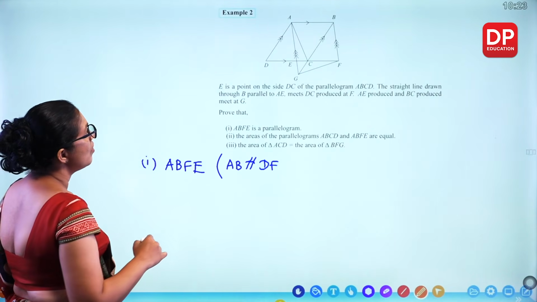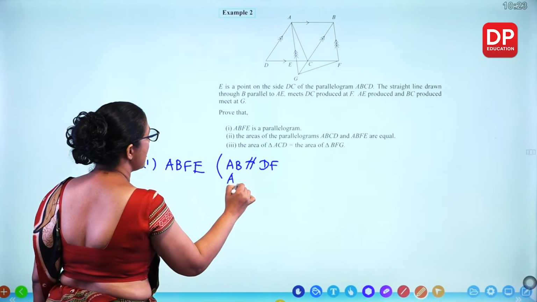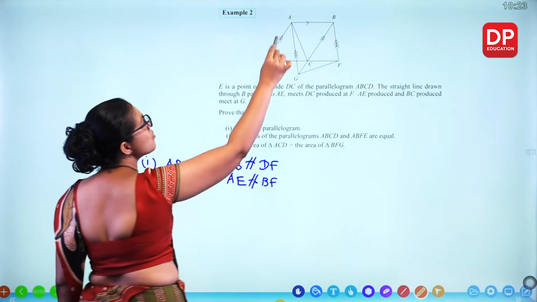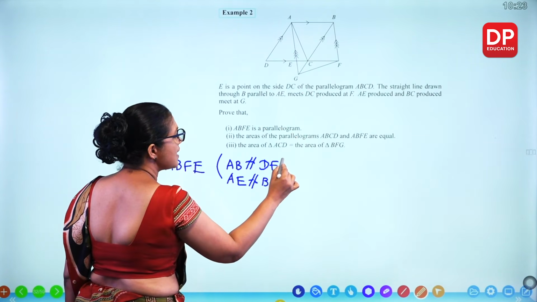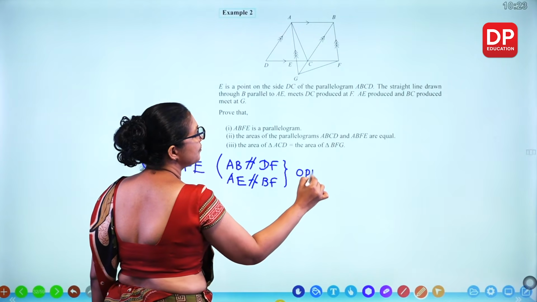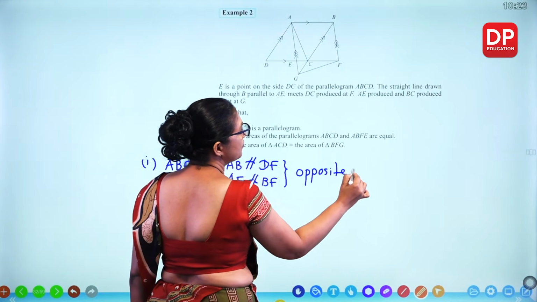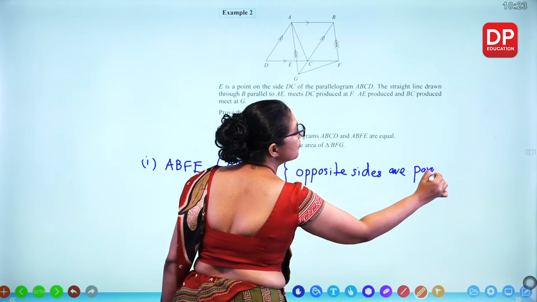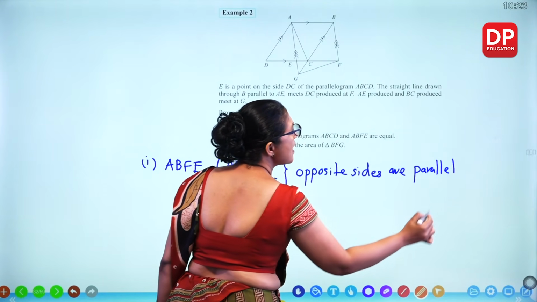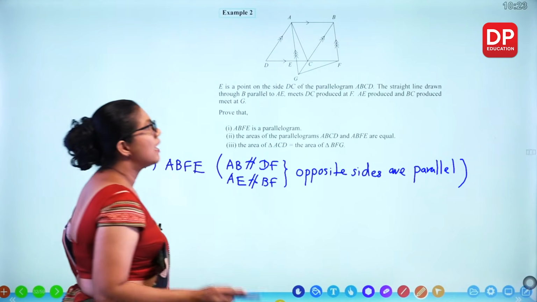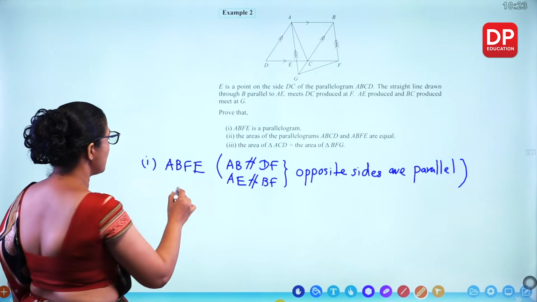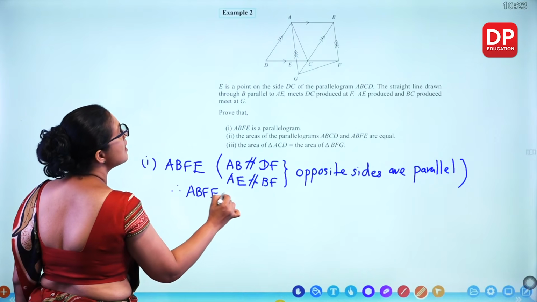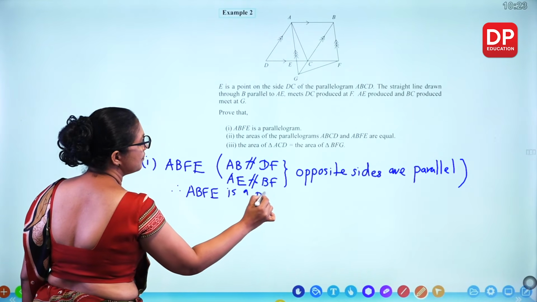And also AE is parallel to BF. That's also given. Opposite sides are parallel, which means this is a parallelogram. So therefore ABFE is a parallelogram.